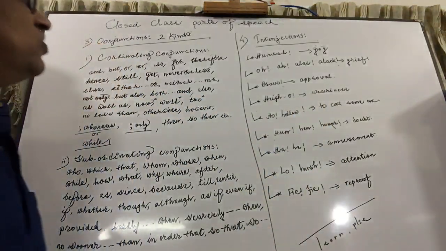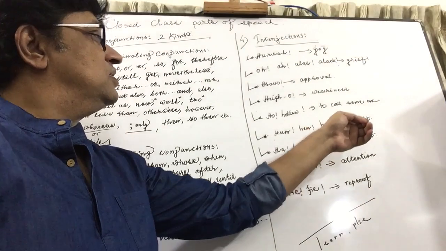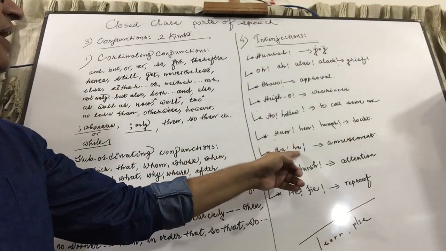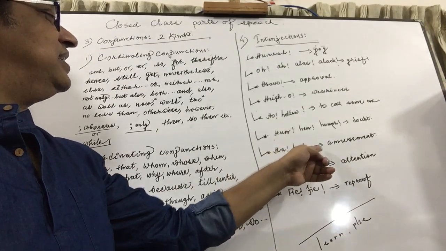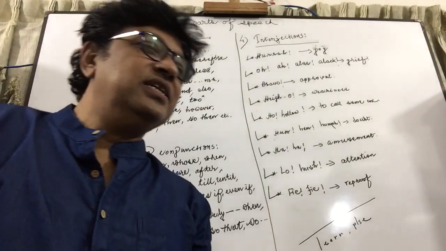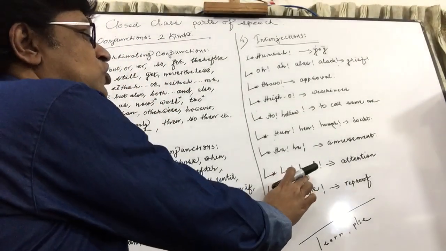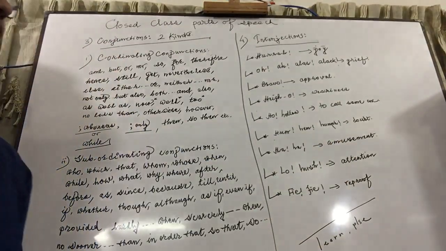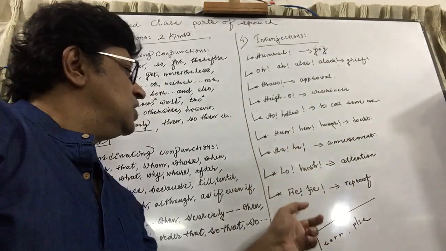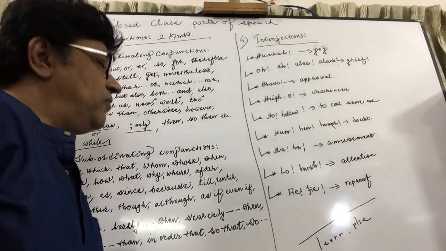This is to call someone else. Hem or hum: doubt. Ha or ha ha: that is amusement. If someone wrote something funny, then you can say ha. Hush or lo: attention. That is, to draw attention, you can use hush or lo. Fie: that is reproof.